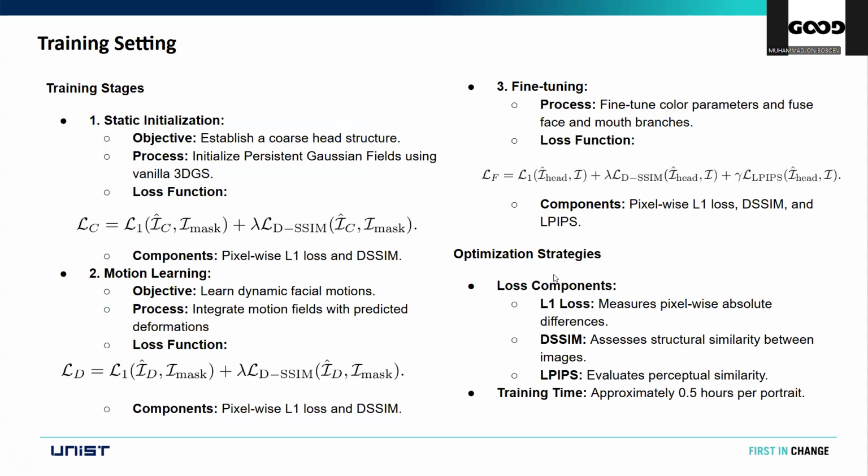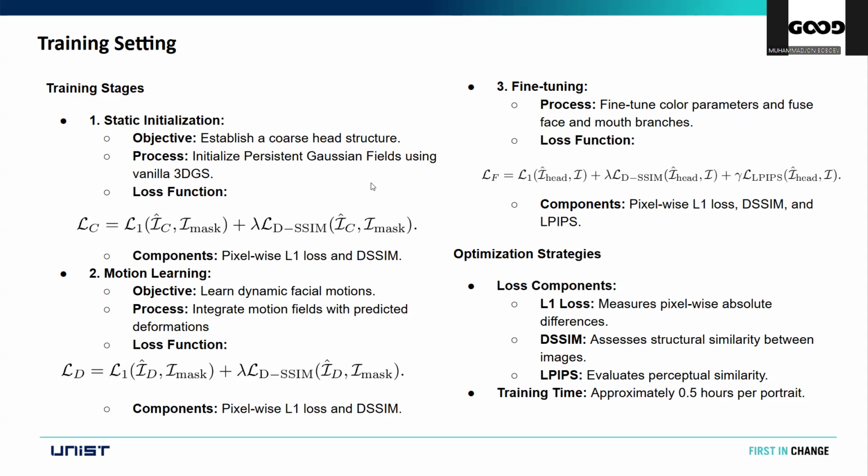So the training setting is very interesting. For the training setting, they apply three different stages. For the static initialization, the main objective is just to establish a base head structure. As we talked about before, for this paper, they use some kind of representation of the base head structure that they can apply some kind of offset to.